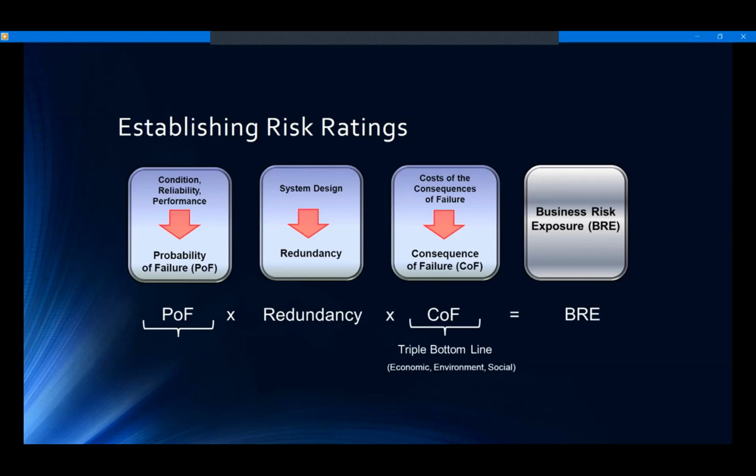So starting with establishing our risk ratings, one of the first things we wanted to do was work on condition and condition scoring, and to make sure that we had a clear, concise rating protocol for our entire team to utilize that would ensure uniformity.